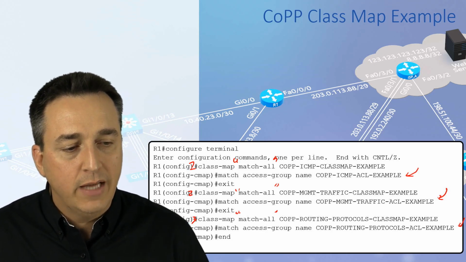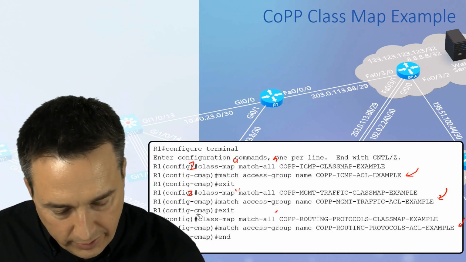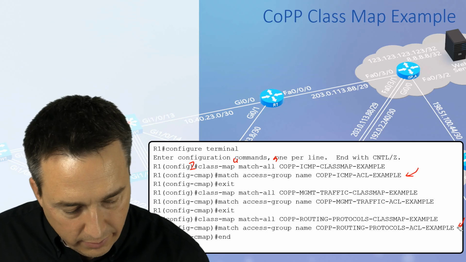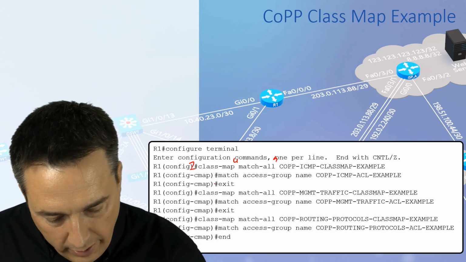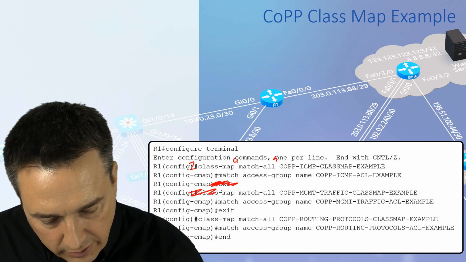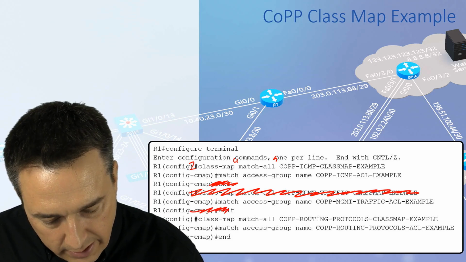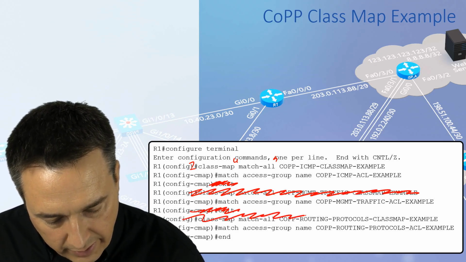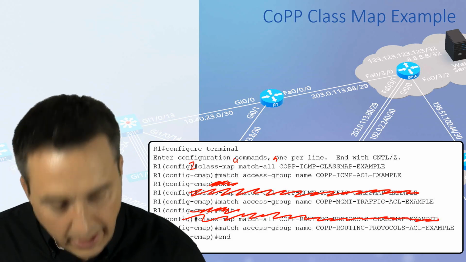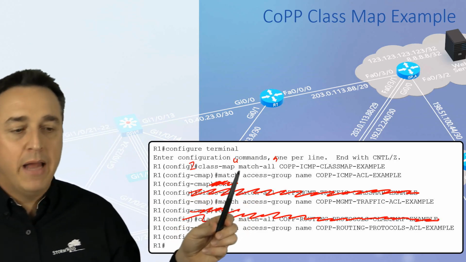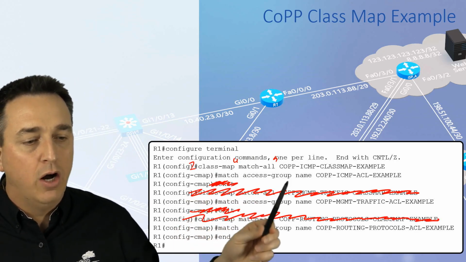But what if, let's pretend right now, folks, let's erase all of this. Okay, so let's say that was our class map now. Class map match all CoPP.